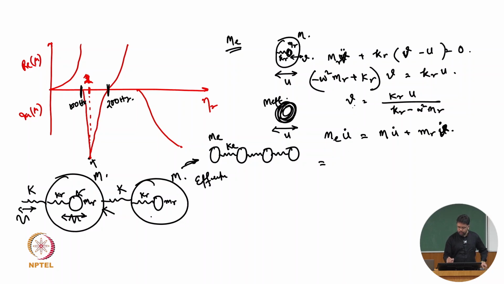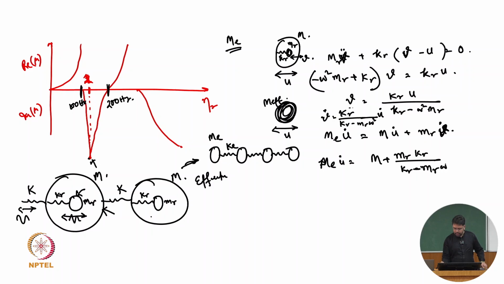If the external unit moves with u, and the inner moves with v, then what will be v dot? It will be in a similar manner, same parameter, kr divided by kr minus mr omega square into u dot, same thing will come. So ME u dot should be equal to (M plus mr into kr divided by kr minus mr omega square) into u dot.